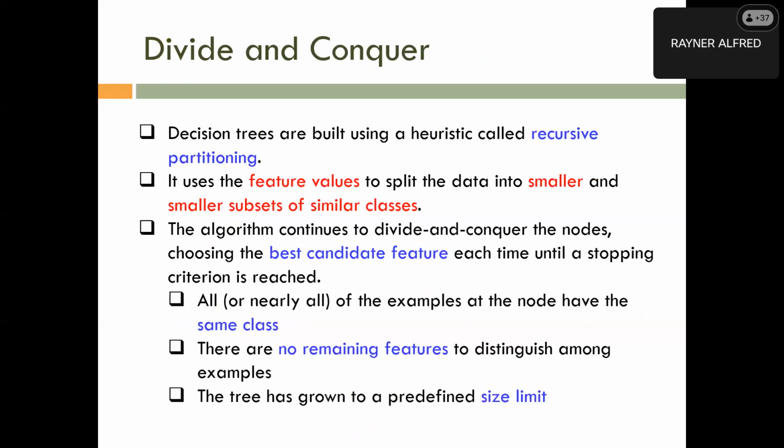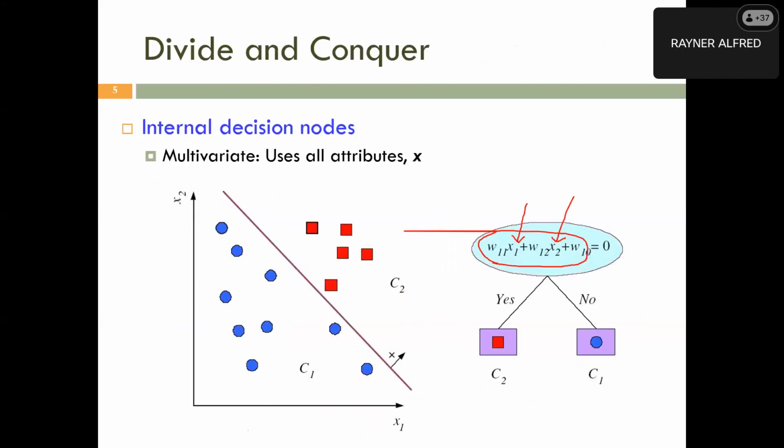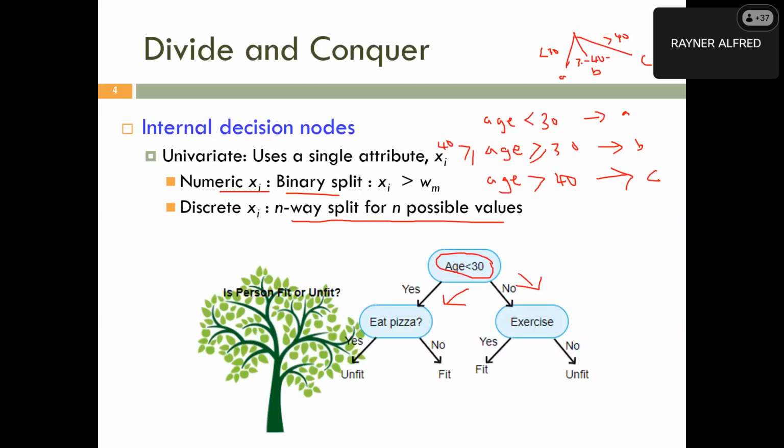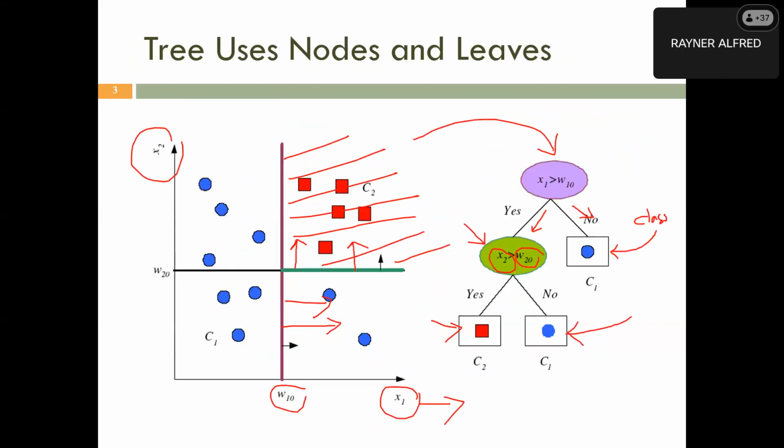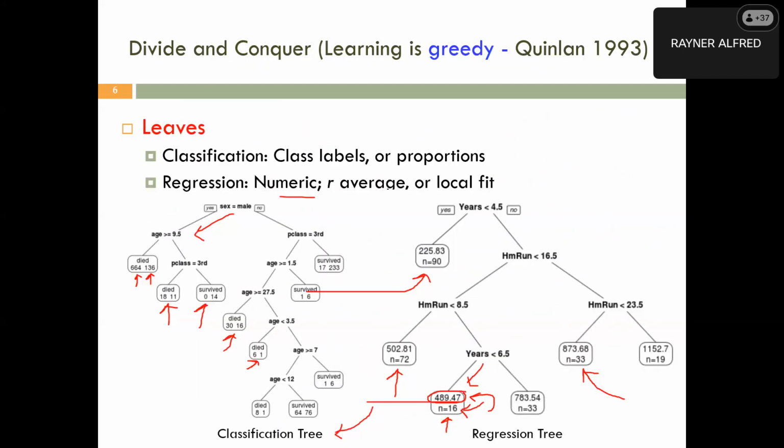Okay, so if you look at the tree, for this tree or any of these examples, we will construct the tree, but there must be a stopping condition on how deep, or how many levels you need to go.